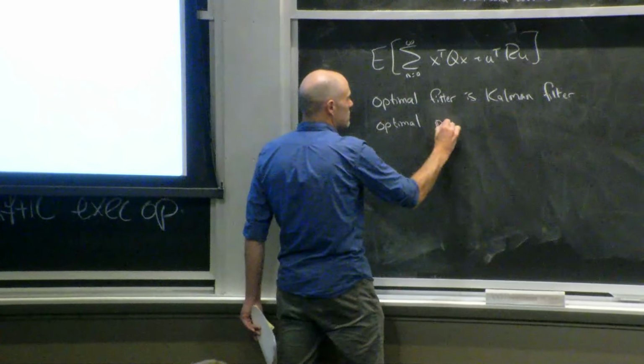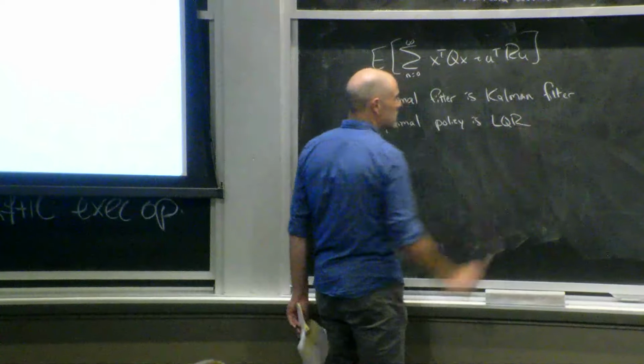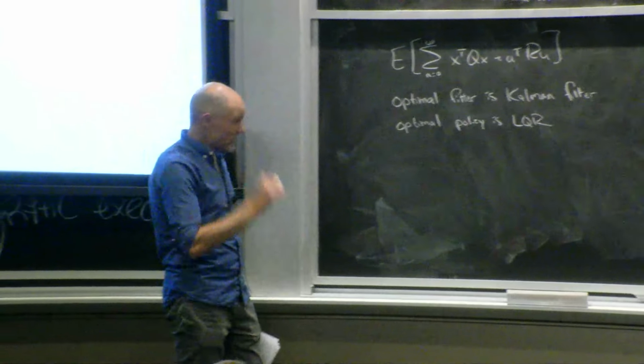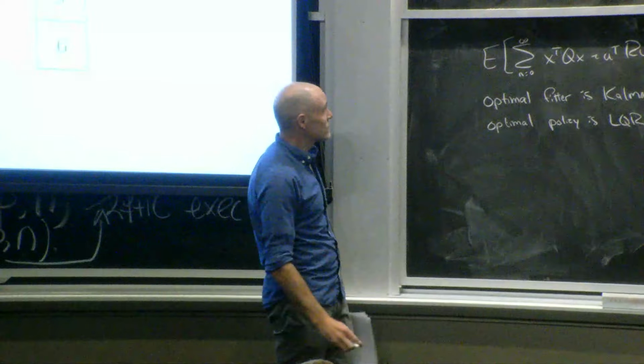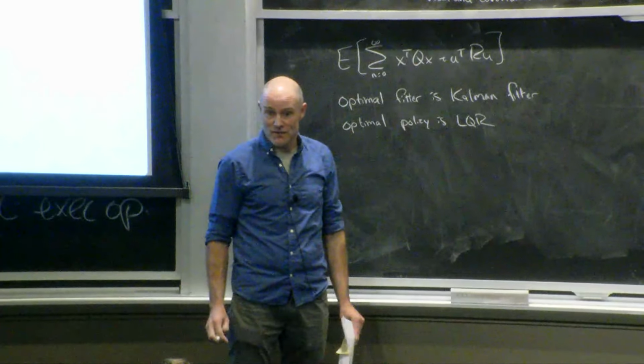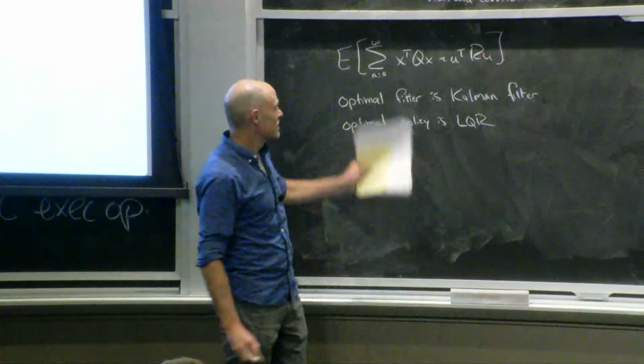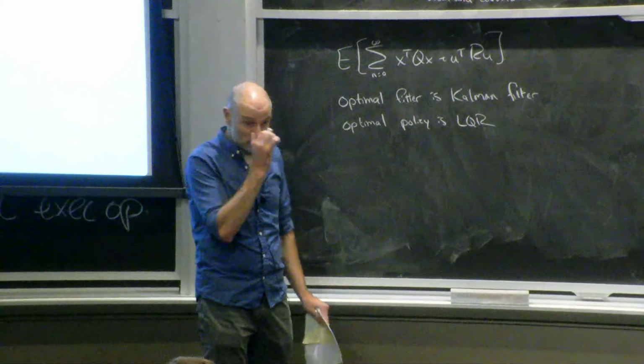Optimal policy is LQR. And you can separate the two. You can solve the LQR problem ignoring the fact that it's coming from state estimation, and you can solve the Kalman filter just thinking about the state estimation problem.